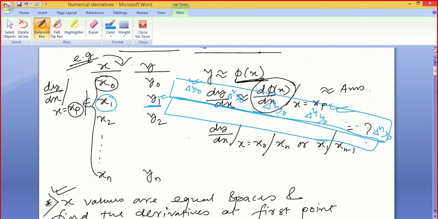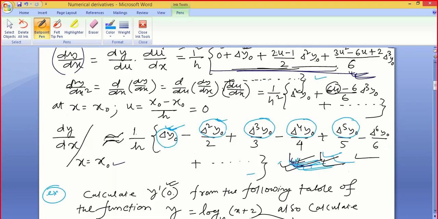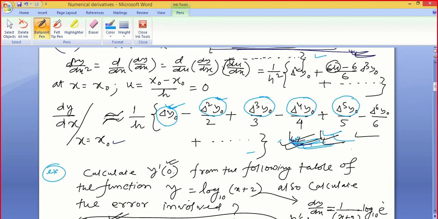Next week 8. And you have to do the lab class for these topics only: derivative at the initial point or derivative at the final point, for the given equally spaced discrete data points. Means that series sum you have to calculate. Interpolation technique you have done.